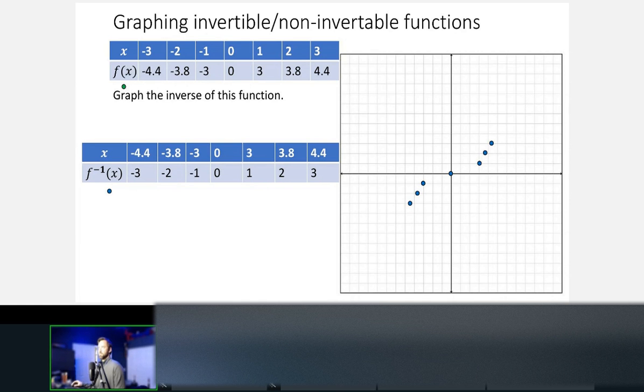Now remember, this is a table of values. It doesn't give us an equation. At least my example doesn't. This just represents a table of values to be some function. Now, if we knew it was an equation or a function, then yes, I would do something like this, right?